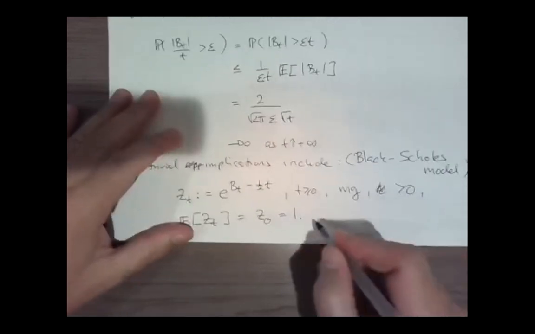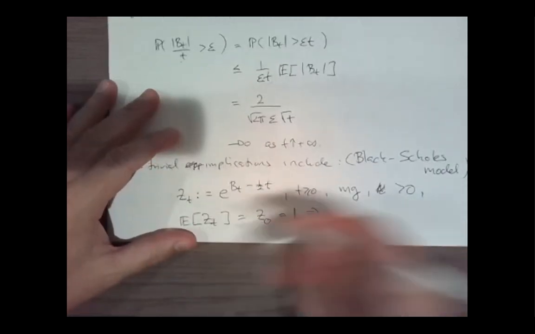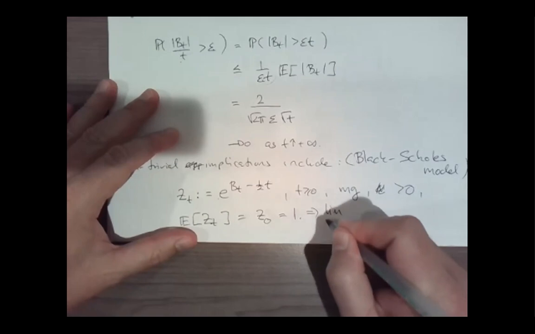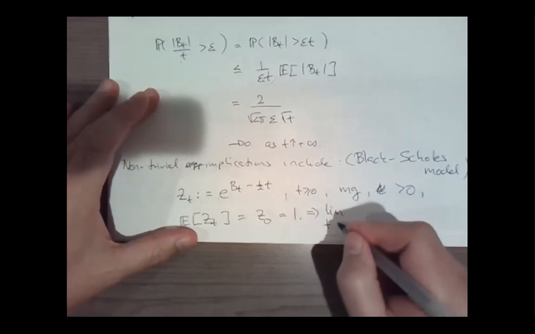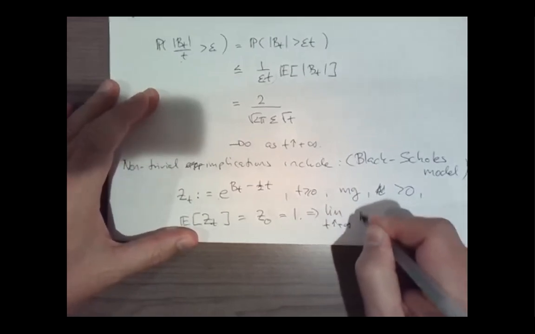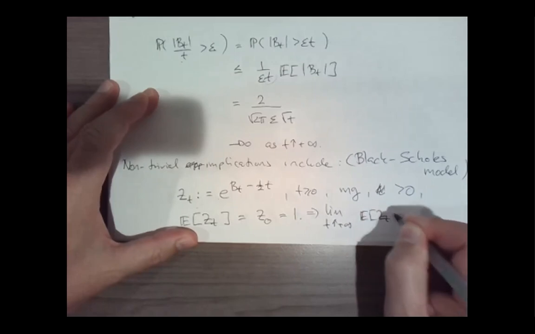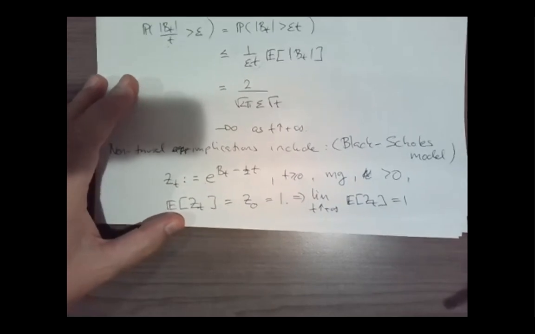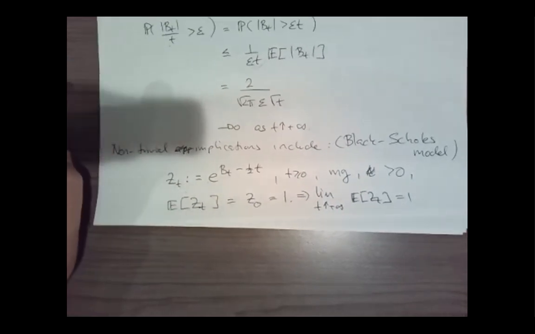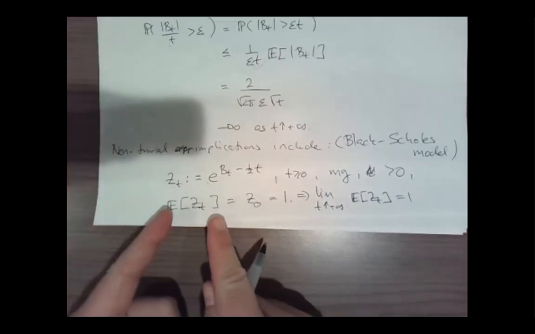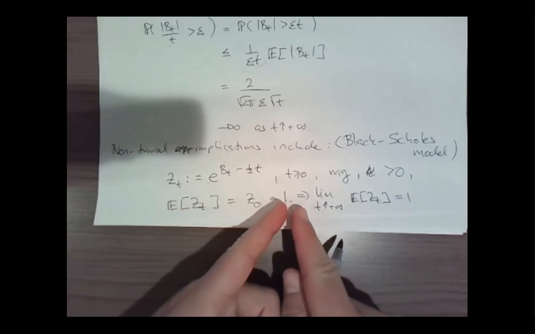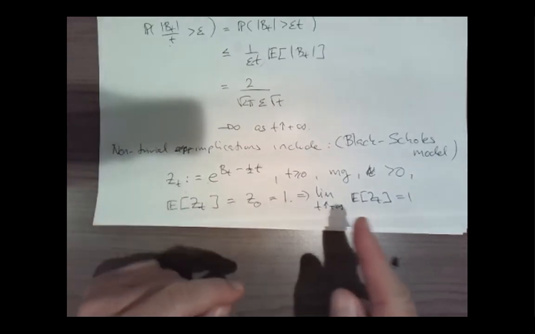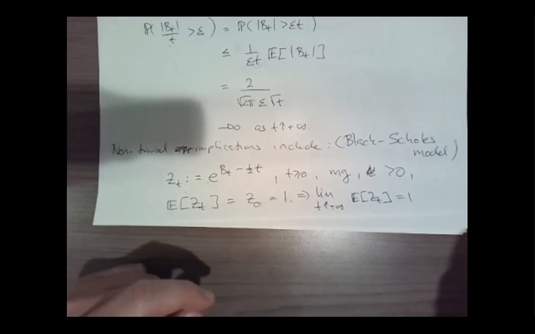So in particular, from this, I can take the limit and send t to infinity. This is going to be 1, because I'm taking the limit of a bunch of 1s.